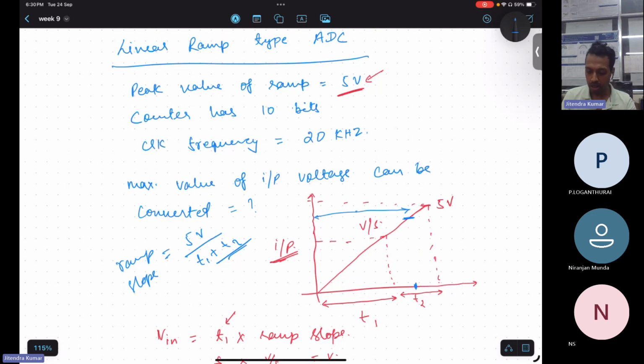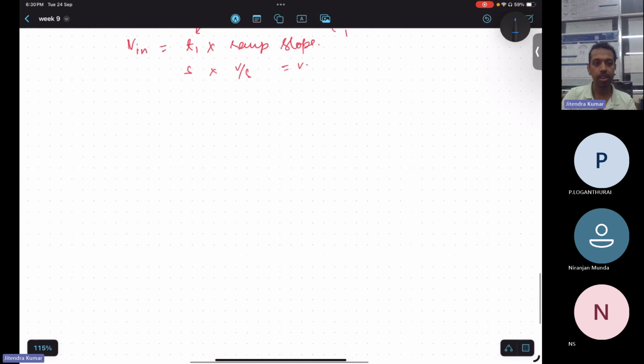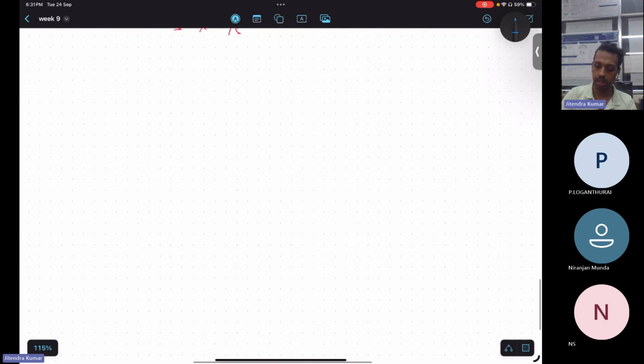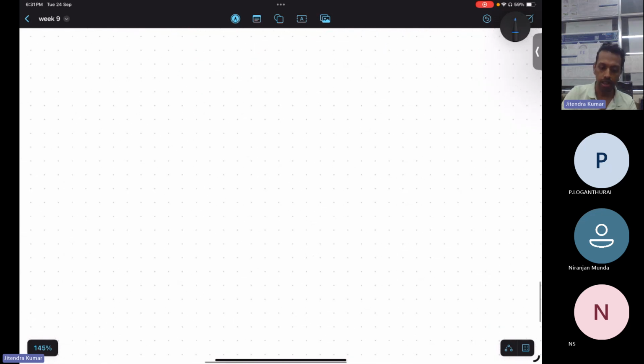Okay, so let me explain it another way. Suppose I write another statement: a linear ramp type voltmeter is driven by a 0.5 megahertz clock to measure the voltage.